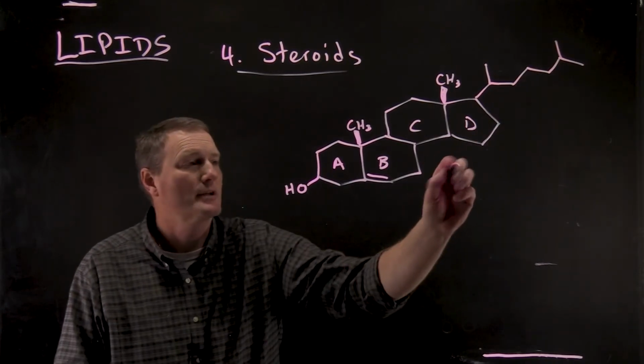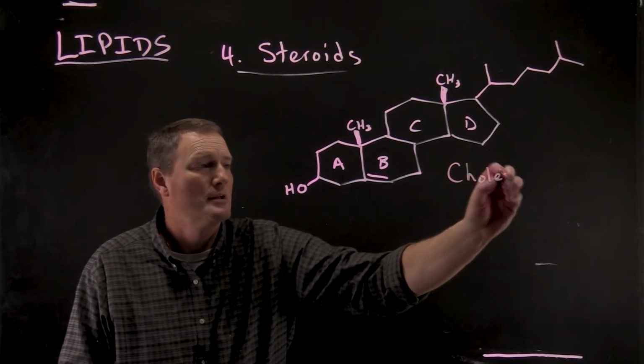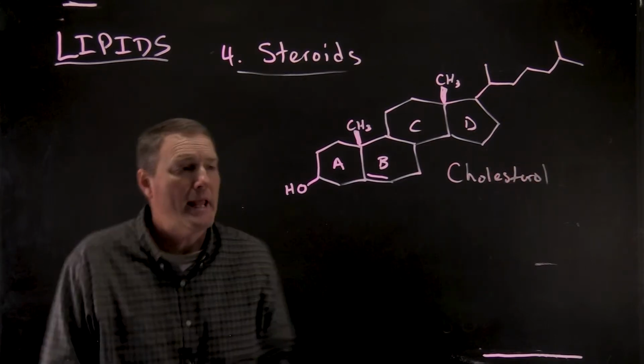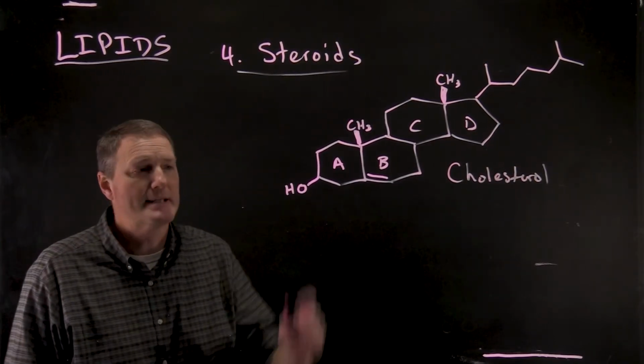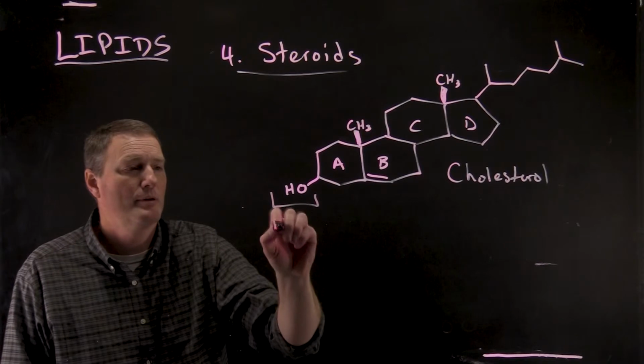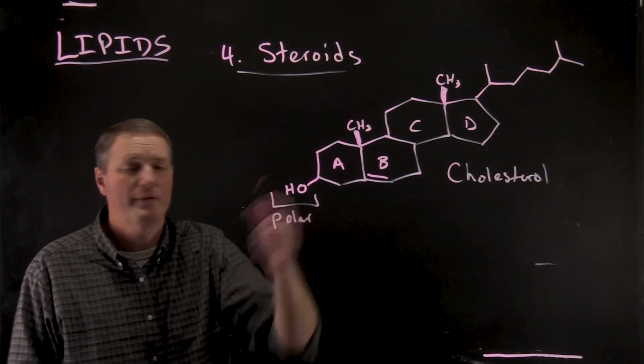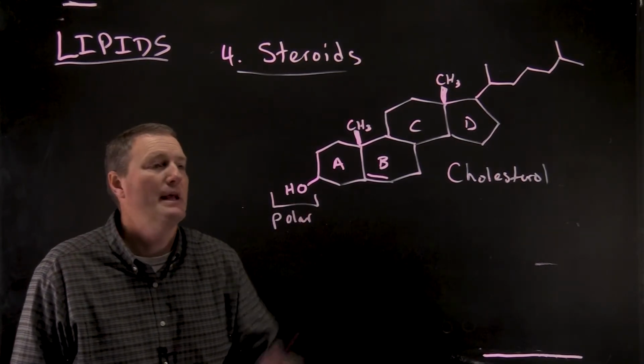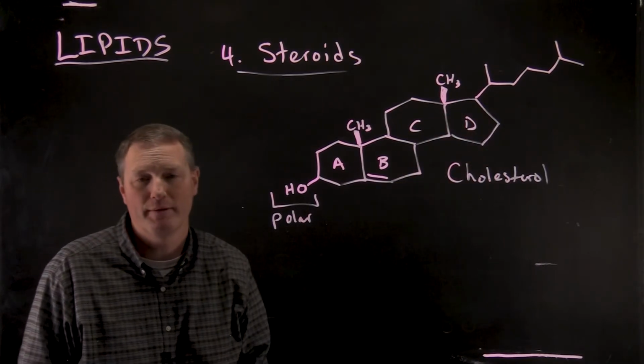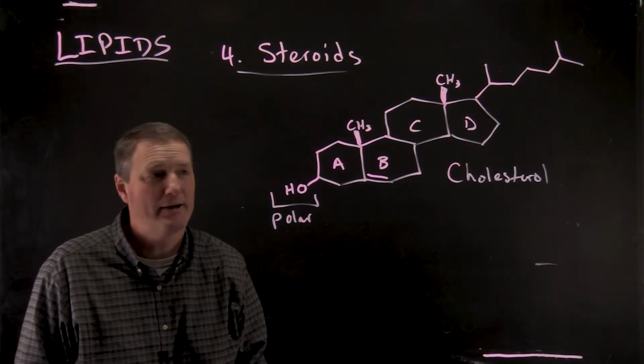So this is the molecule called cholesterol. And like the other lipids, it does have a polar head group. So here the alcohol would be the polar head group, and then the remaining part of the chain would be the hydrophobic tail.